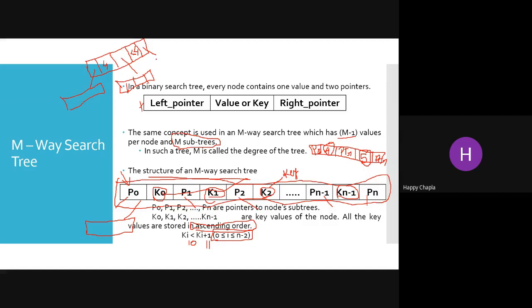But how many elements can you store in a single node? That is dependent on the order.